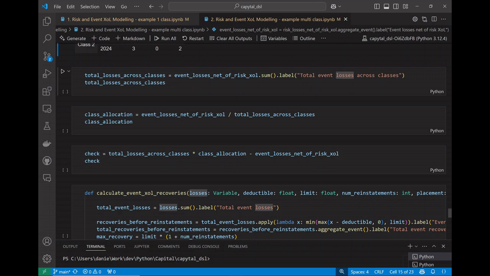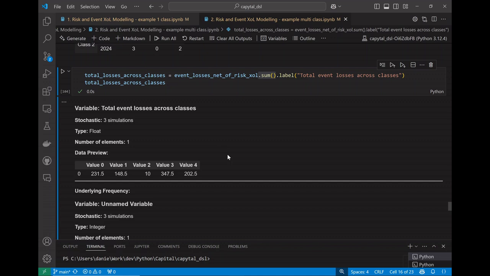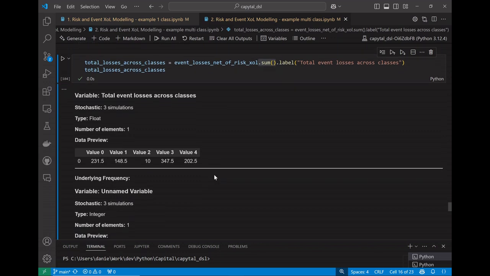So this is where we want to bring in the sum. So we're now bringing in a sum here on the gross losses, on the subject losses, before we present it to the layer term. So this now gives us our total loss. So the class and the year dimension have been collapsed, and we're just looking at that total loss per event now.